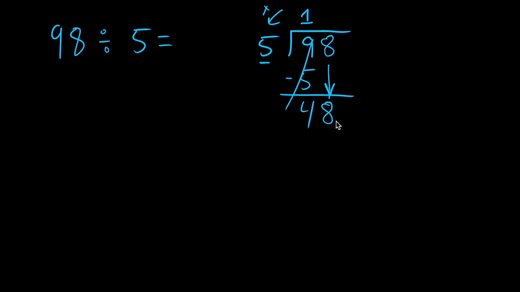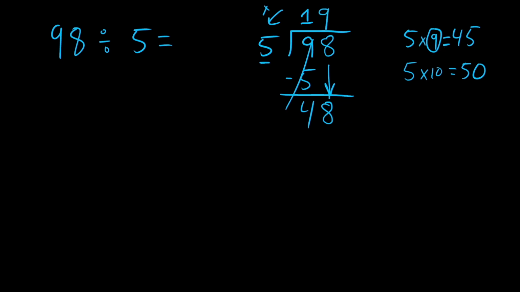Now we have 48. How many times can 5 fit into 48? 5 times 9 is 45, and 5 times 10 is 50. So we have to use 9. 5 can fit into 48 9 times.